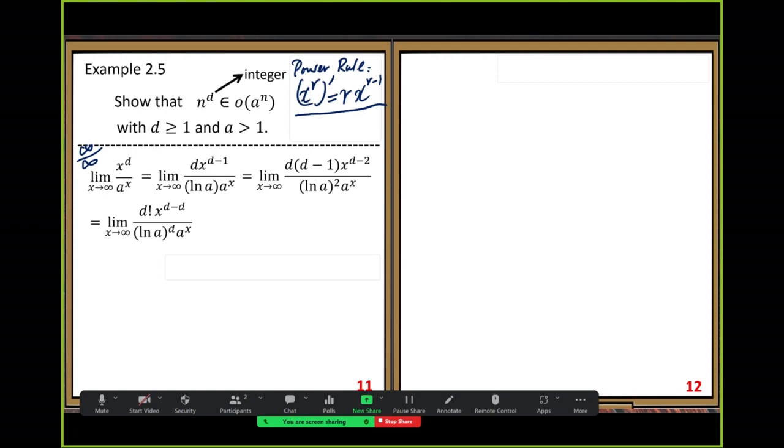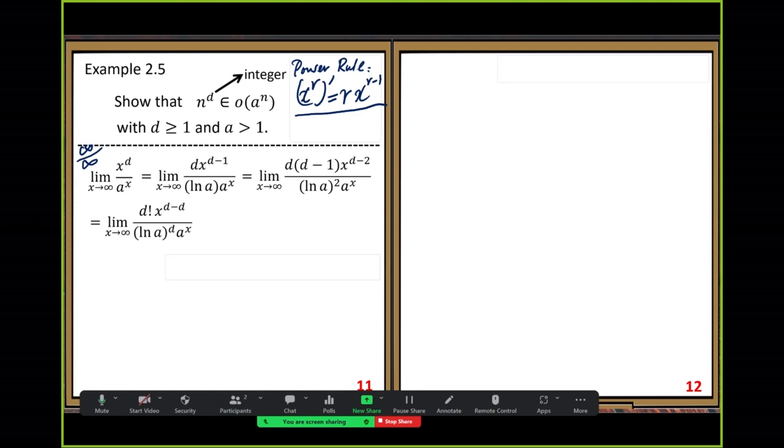The numerator is constant. Now you should be careful. Don't apply L'Hopital's rule again, because some of you may forget that condition check.